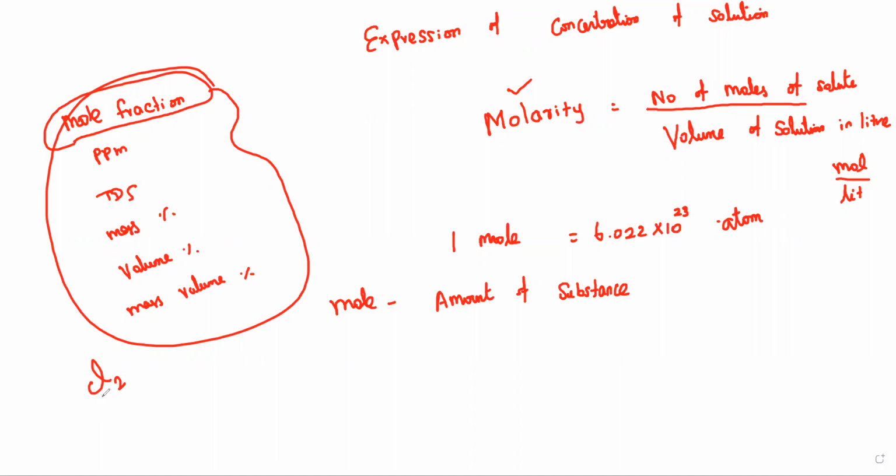The smallest particle of Cl2 is called a molecule. The smallest particle of Cl minus is called an ion. So it may be atom or molecule or ion. But anyhow, if 6.022 into 10 to the power of 23 particles are combined together, it is denoted as 1 mole.